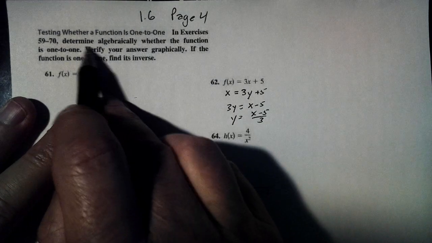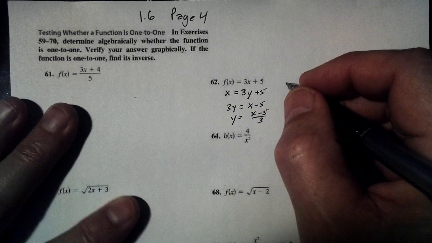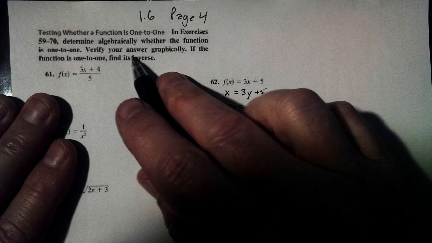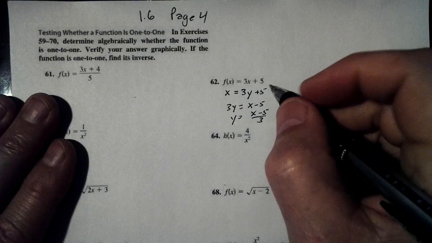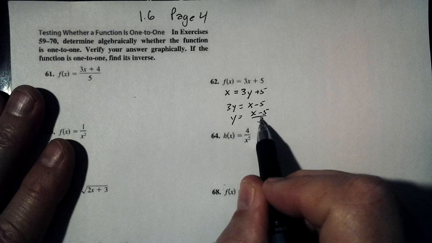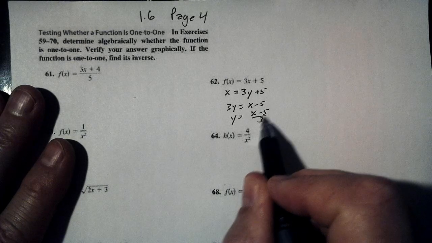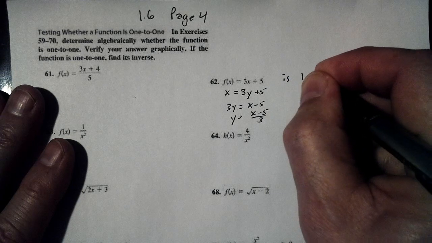Therefore, determine algebraically whether the function is one-to-one and verify your answer. The function is one-to-one, because it just turned into a line the other way. It's just a plain old line, nothing special about it. It has a slope of 1/3. So it is one-to-one.